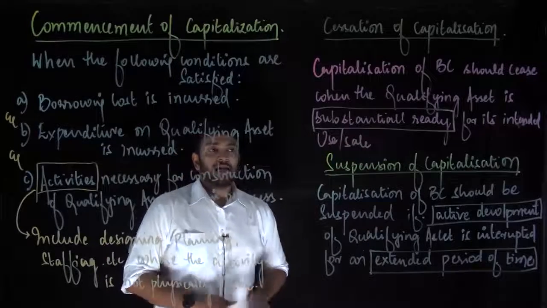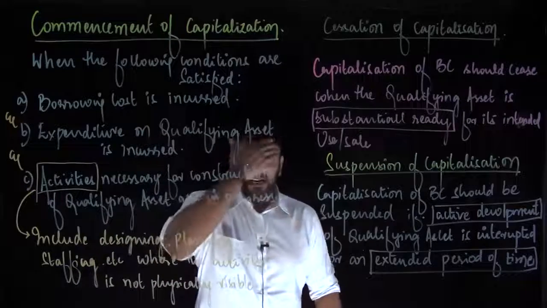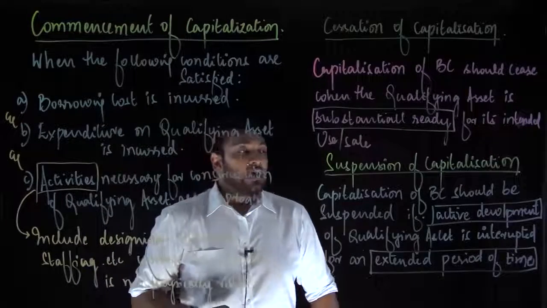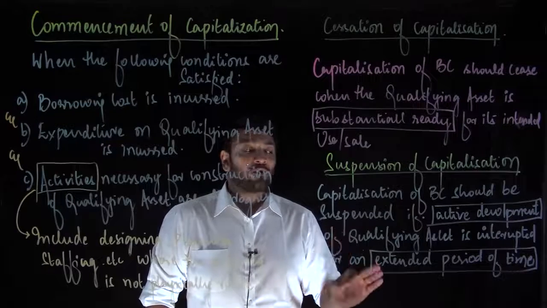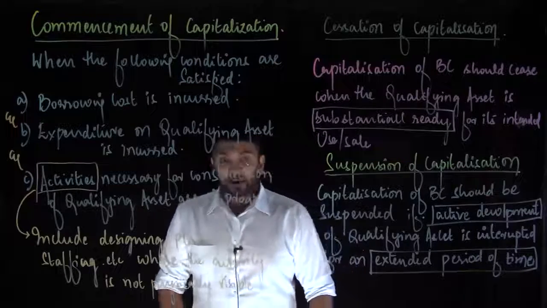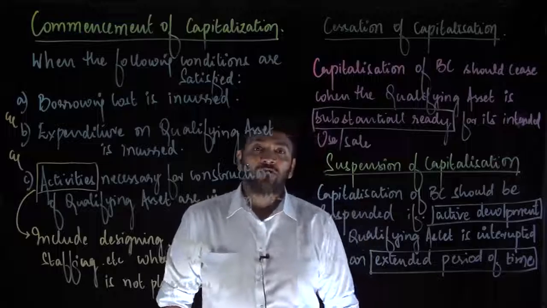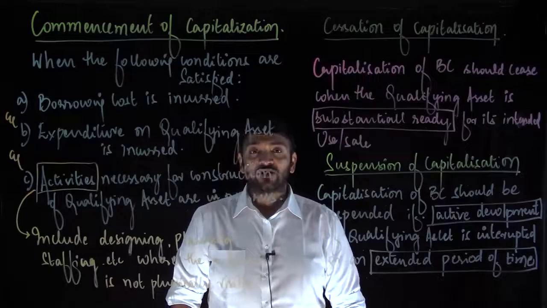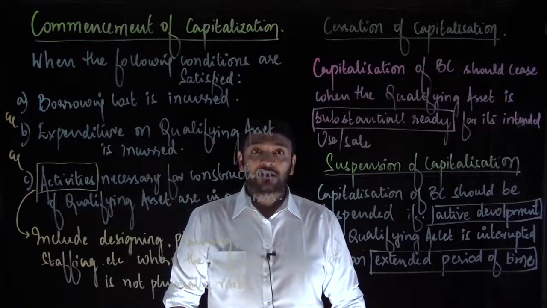Let's understand this. Extended period of time. Let's say for suppose I did not use this word. I just said capitalization of borrowing cost should be suspended when active development of a qualifying asset is interrupted. If I would have stopped there, let's say this enterprise is a 5-day week. So Saturday and Sunday it is off. There is no construction on the qualifying asset. 52 weeks, 2 days per week, 104 days.